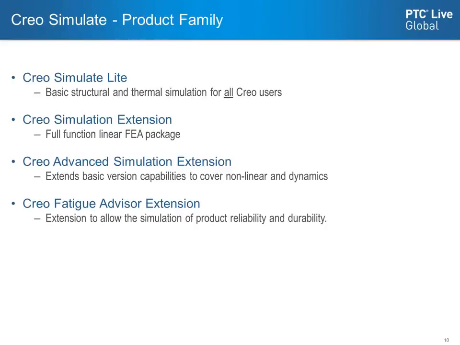This Fatigue Advisor will allow you to evaluate how many cycles. Is it 100,000? Is it 1,000,000 cycles before your part can break? And as a result of that, you may choose to improve your design or not.